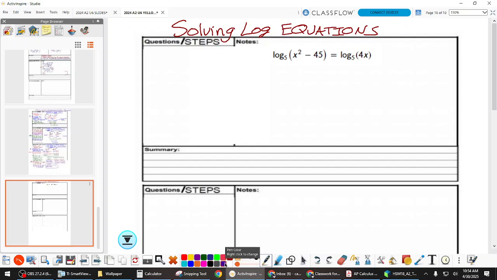Yeah, we did. But remember in the last unit we had to make sure the denominator wasn't 0? So if it was, that was extraneous. Okay.